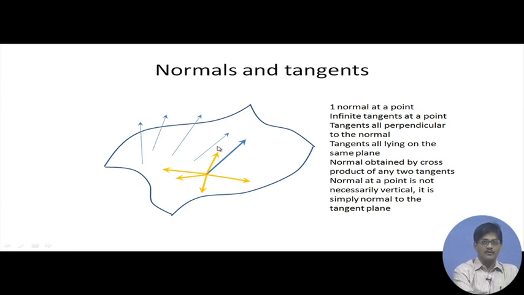So, all these are normals, and all these orange lines are tangents at this particular point on the surface. And of course, it is of interest to us, are these normals vertical? The answer is no, they are not necessarily vertical, but they can be contained in vertical planes.